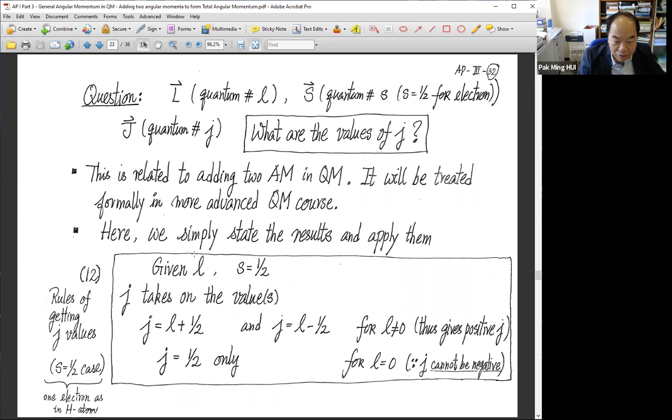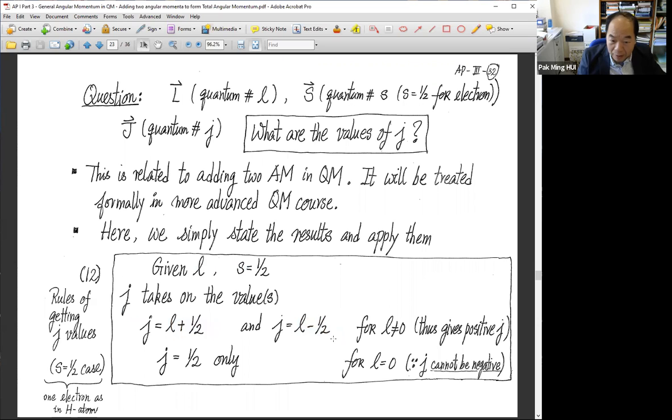Then we have different states, L, 0, 1, 2, 3, and so on. Now, the rule of getting J, small j, is the following. It can take on L plus half, the half is S. Okay? L plus half and L minus half.